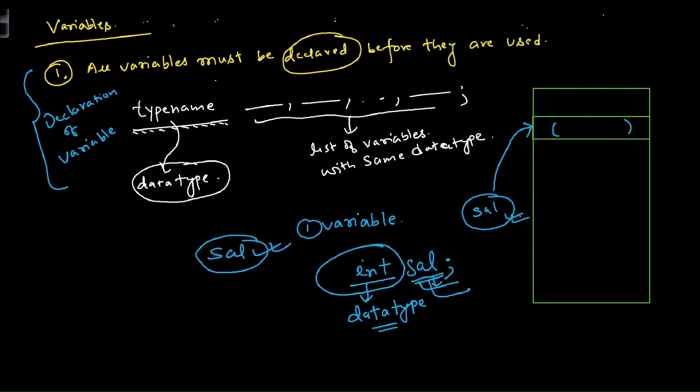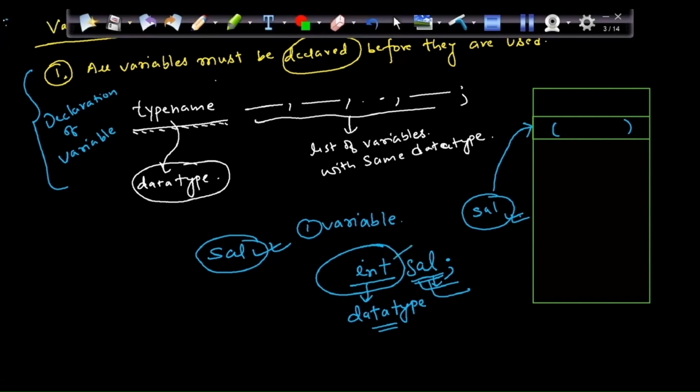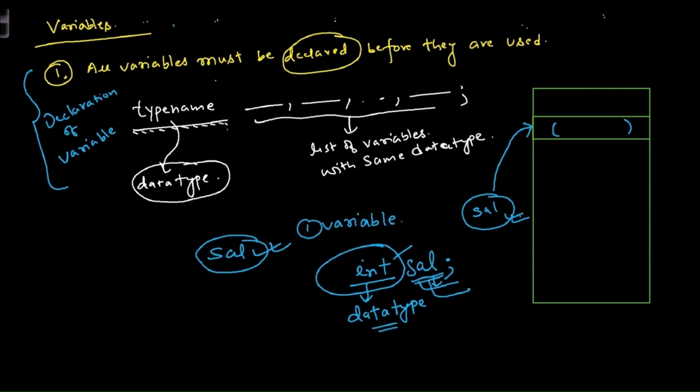When you declare a variable, it makes sure about the size of the memory location that it has to reserve for this variable. So for example, for int sal, it will reserve 2 bytes.